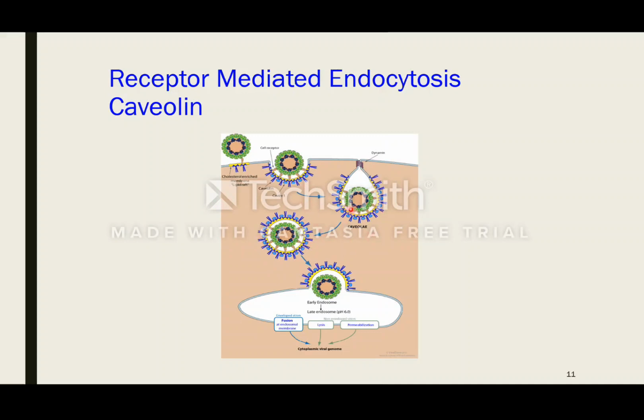These structures, where the pinching is done in the cell membrane, are named caveolae, and finally these coated vesicles transfer and fuse with the lysosome and are lysed by it. The caveolin, as I said, is located in the endothelial cells and also in the smooth muscle cells.